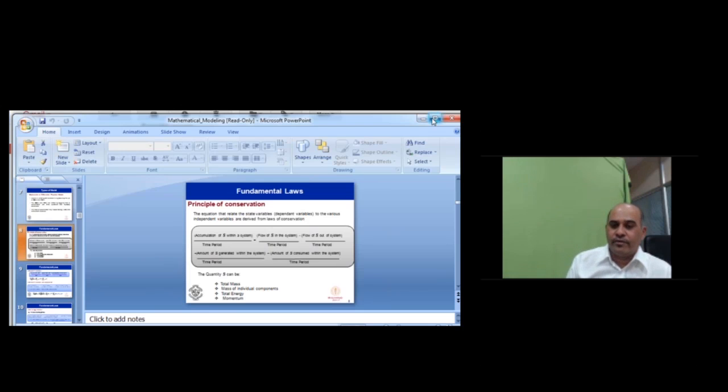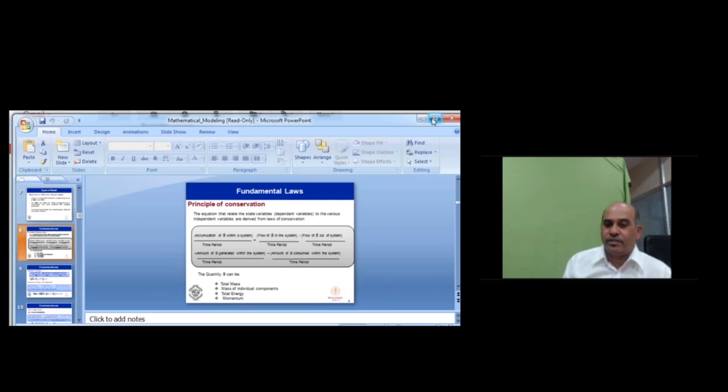In short, the accumulation of S within a system over a period of time, where S stands for either mass or energy or momentum, is equal to the flow of S into the system over a period of time, minus the flow of S out of the system, plus the amount of S generated, minus the amount of S consumed. So this is the overall balance equation.